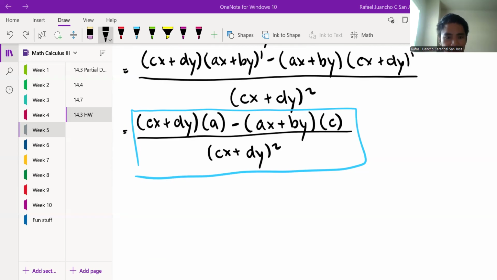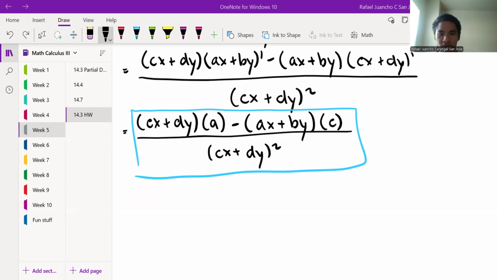And I'm done. Now, let me see if I got that, because I might have messed up something. Okay, let me submit, see what happens. But yeah, that's quotient rule. Oh, nice. So I got that one.